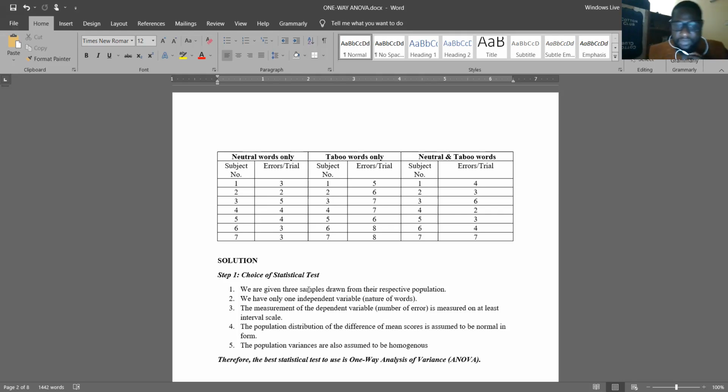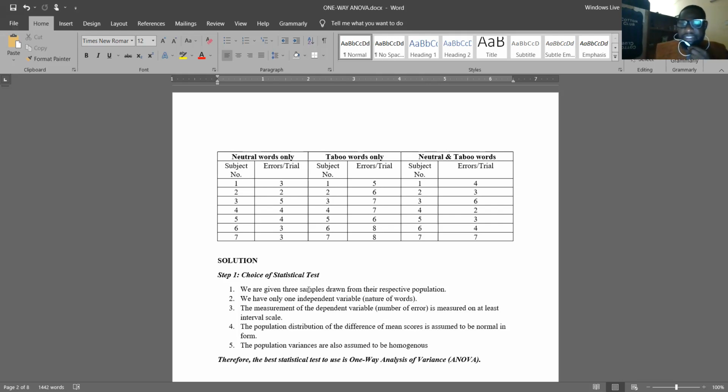That's nature of words. Then you're supposed to also state the scale of measurement for the dependent variable. And we were able to deduce that number of errors is on ratio. So that's what we've indicated.